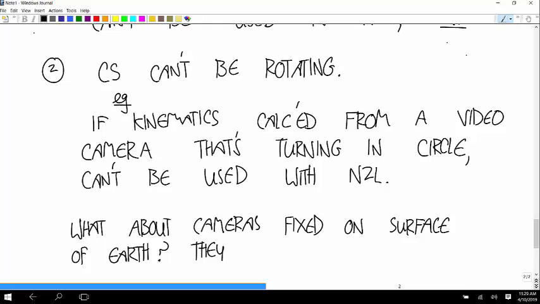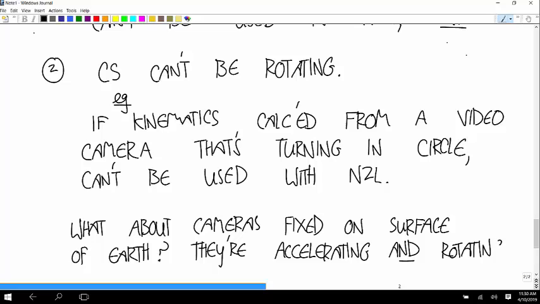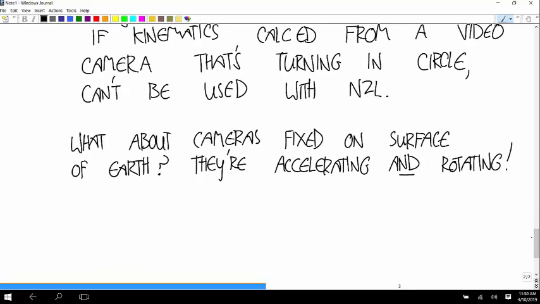Well, they're accelerating and rotating. It's usually okay though.